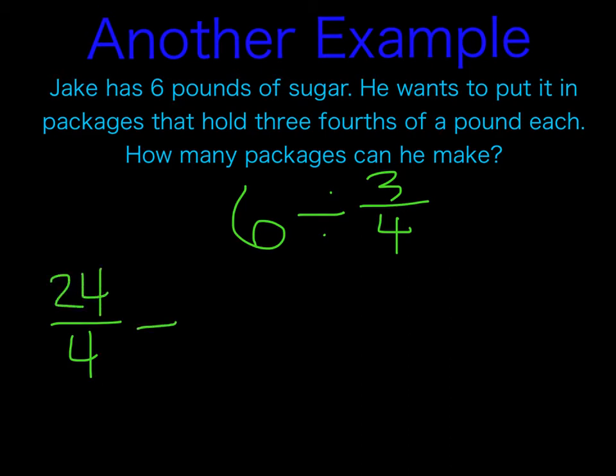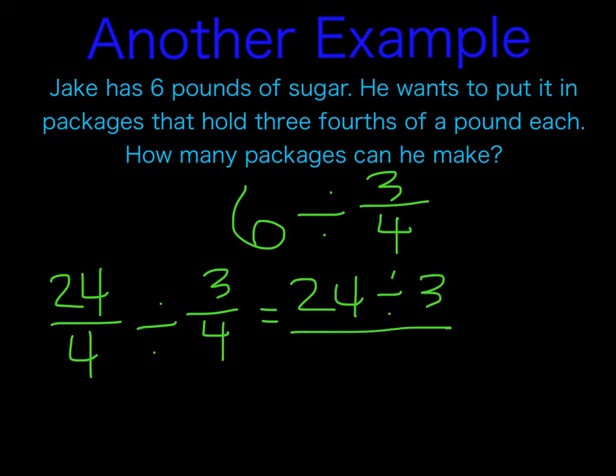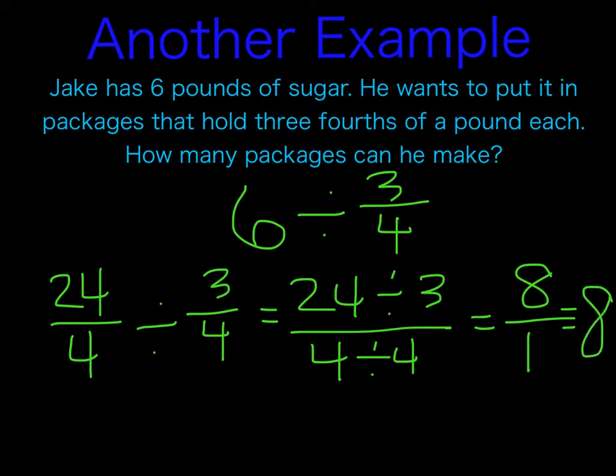I'm going to divide 24/4 by 3/4, which is going to look like this. 24 divided by 3 over 4 divided by 4. 24 divided by 3 is 8. 4 divided by 4 is 1, which means that we have 8 over 1, making our answer 8. Jake can make 8 packages of sugar out of 6 pounds of sugar altogether.